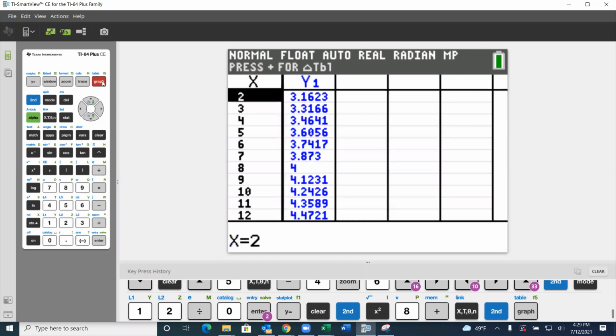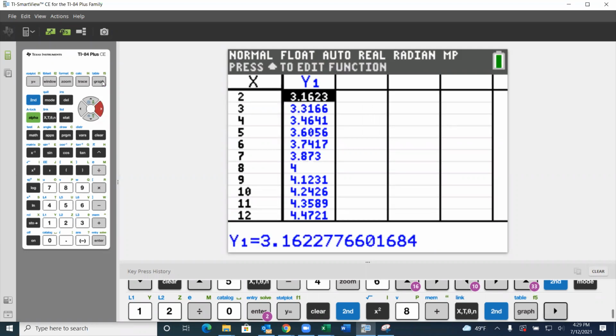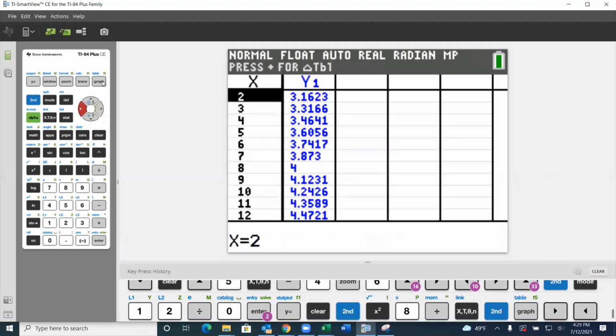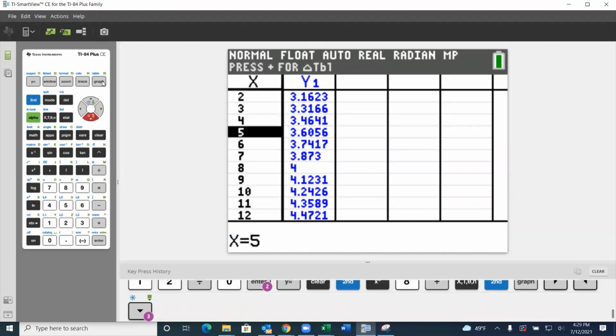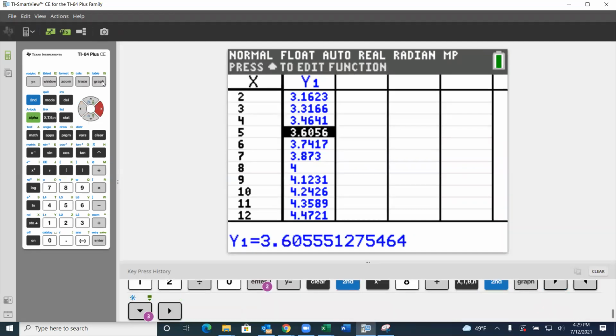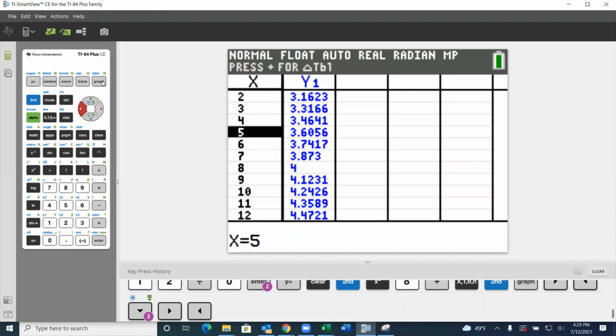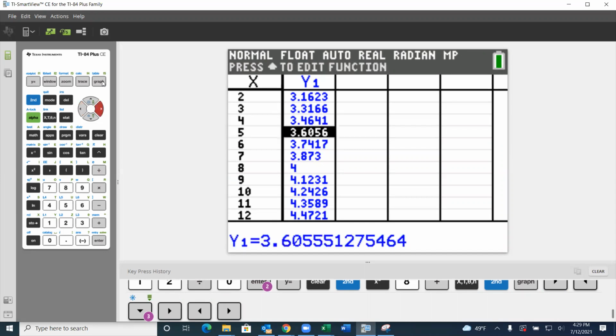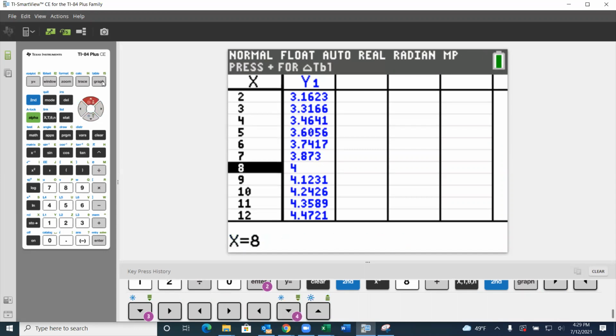And we said that everything is fair game except things that are smaller than negative 8. Well, look at this. When I plug in 2 into the function, I get an answer. So yeah, 2 is in the domain. When I plug in 5 into the function, I get an answer. 5 is in the domain. H of 5 is 3.6056. H of 8 is 4.